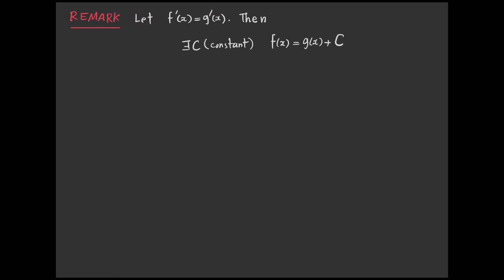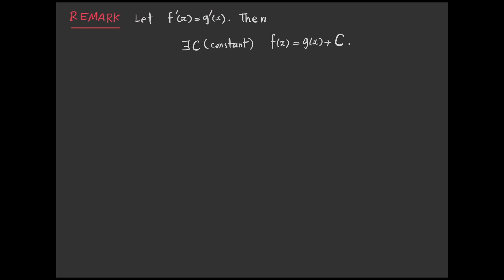Yes? This part is not that trivial. That if the derivatives of two functions happen to be the same, they have to differ by a constant. It is very trivial that if they differ by a constant, the derivatives are the same. But there is no guarantee that if the derivatives are the same, they also differ by at most an additive constant.